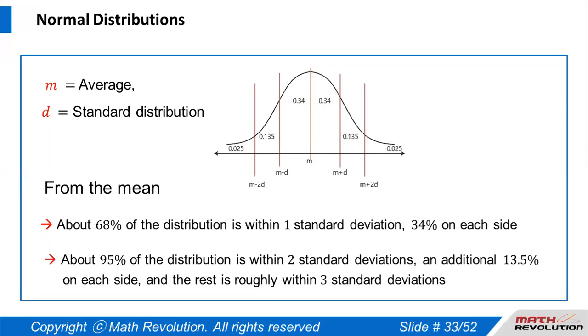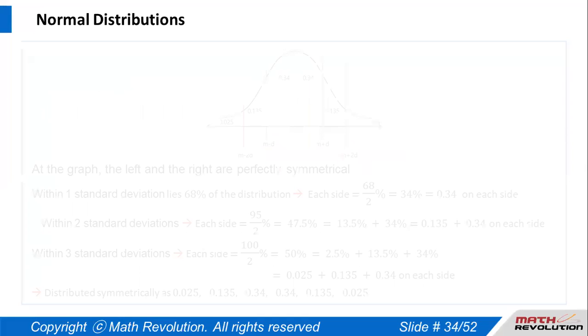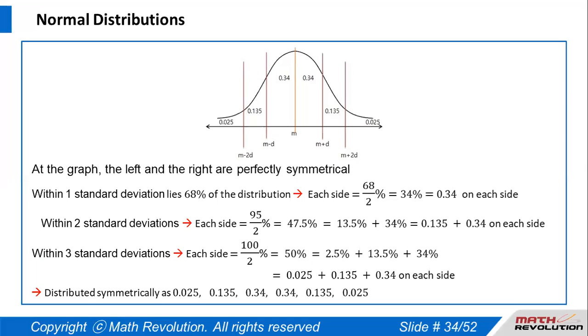And if you go further left and further right, you come across 13.5% of additional area. So 13.5 makes the total 95% of area covered within roughly two standard deviations. And we have 0.025 also, which is 2.5 and 2.5.